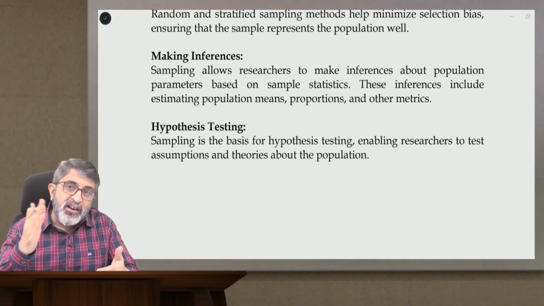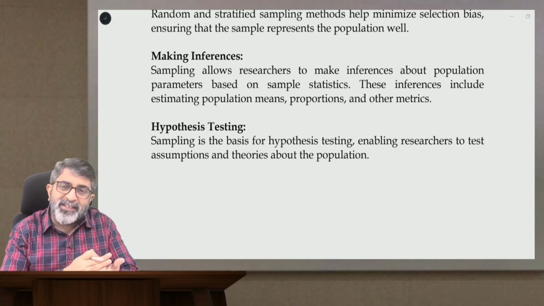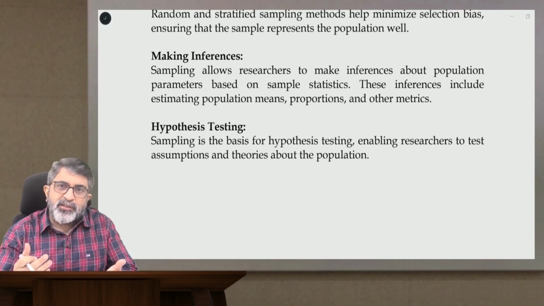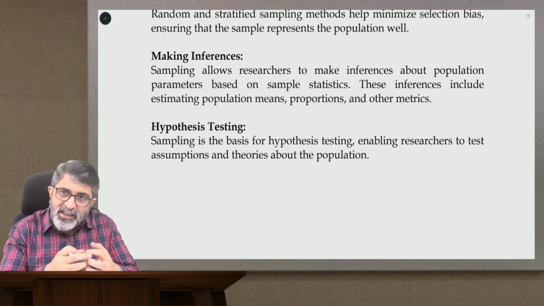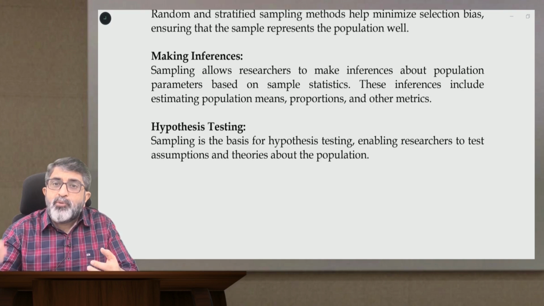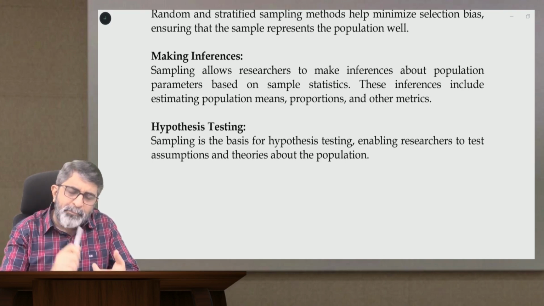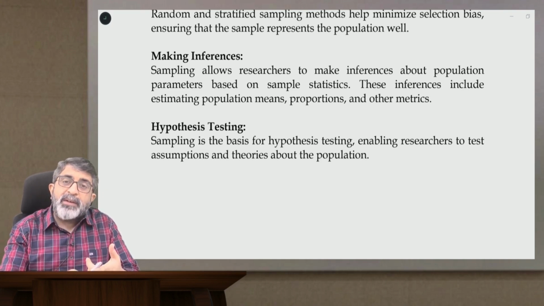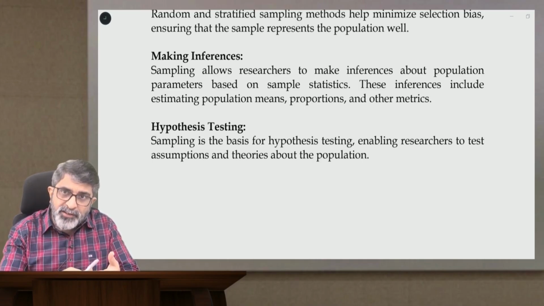Here we have started learning the basis of sampling theory, and then we are drawing conclusions from the sampling theory. Gradually we will move on to sampling distributions. We will also learn the law of large numbers.